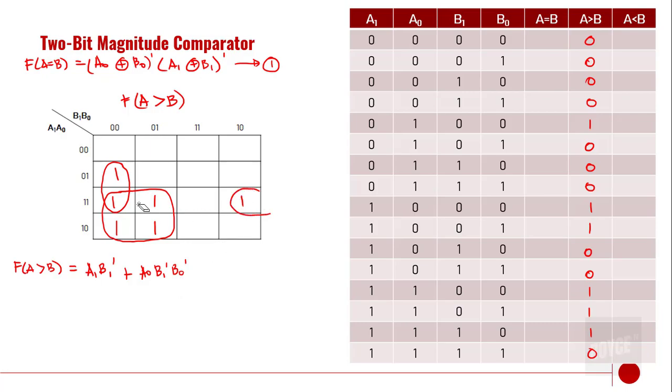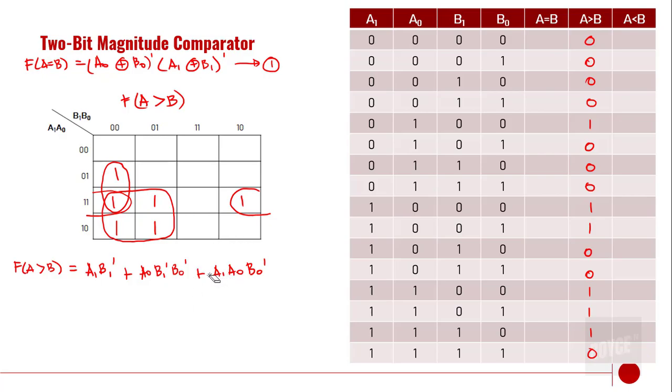And then the next grouping would be this. So ifo-fold ko yung leftmost and rightmost part of the K-map para ma-group ko siya dito. So mapapansin natin ang mga hindi nag-change is A1, A0, and B0. So this would be A1, A0, and B0 prime. Okay? So now we have our simplified expression using our K-map.